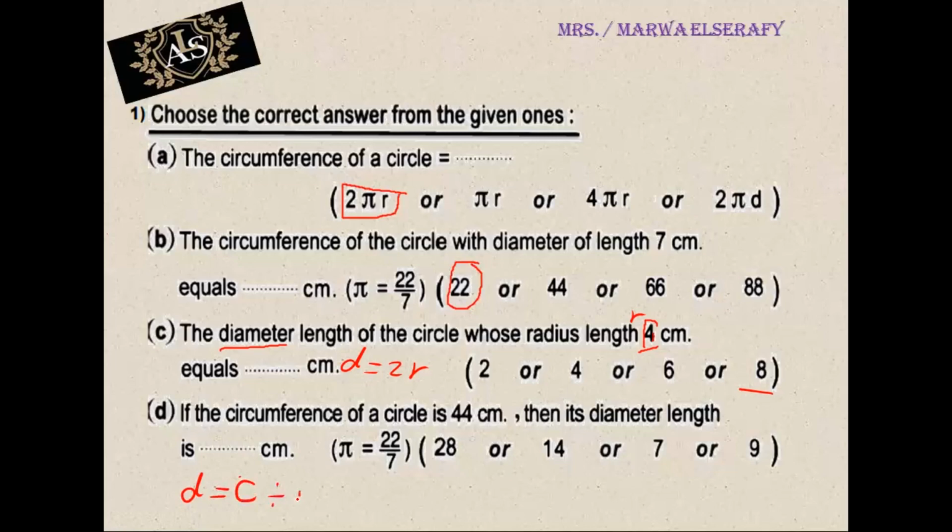Circumference divided by pi. He wants the diameter, so I will divide the circumference 44 divided by 22 over 7. By using your calculator, you will get 14 centimeters. So you will choose 14 centimeters, okay?